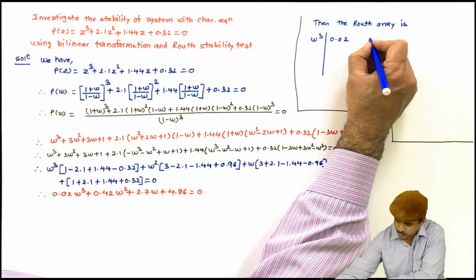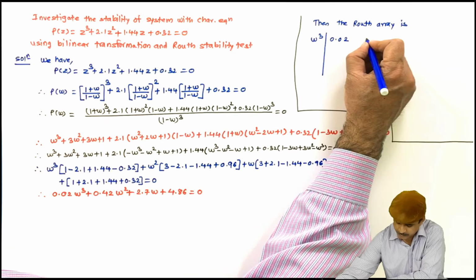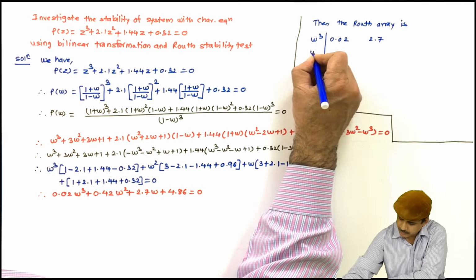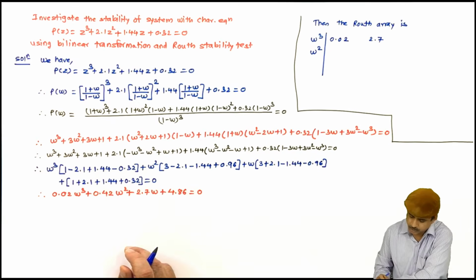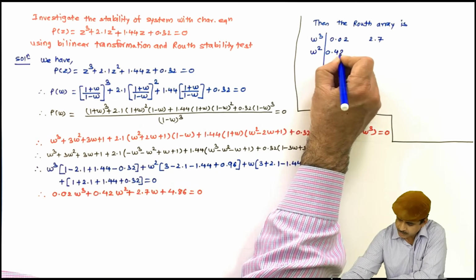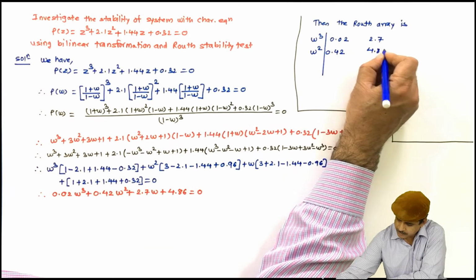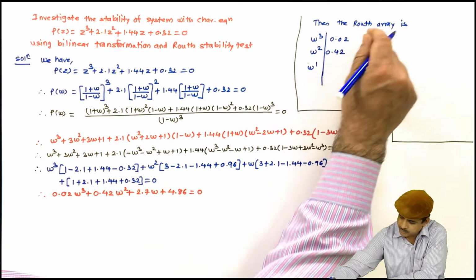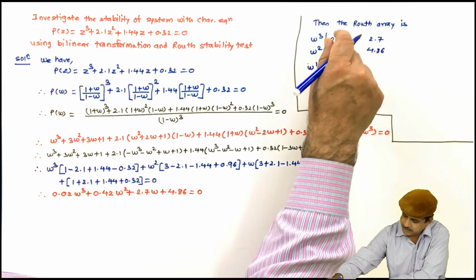0.02. I presume that you know the Routh stability test, you have learned it earlier. Then 2.7, elements in the row W^2 will be 0.42 and 4.86. Elements in W^1: this multiplied by this minus this multiplied by this divided by this.